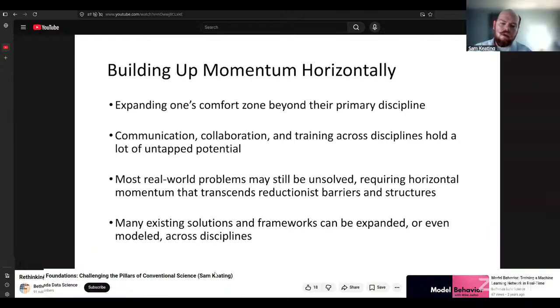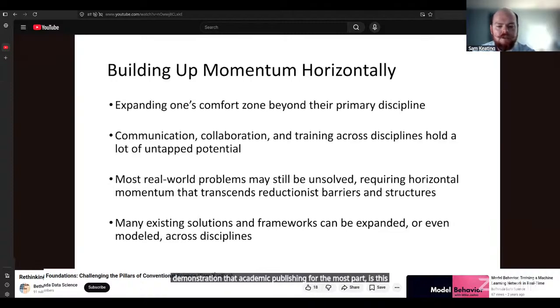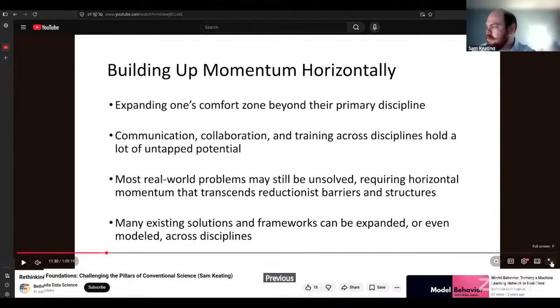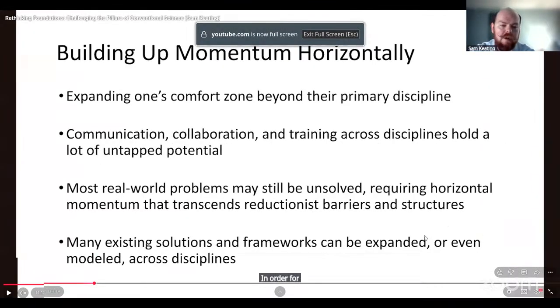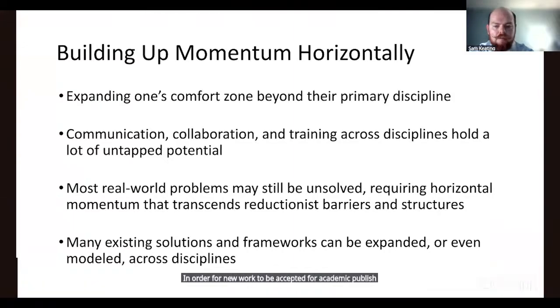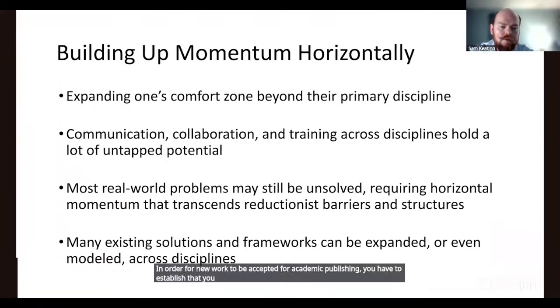So horizontal momentum essentially is this demonstration that academic publishing, for the most part, is an incentivization structure that rewards previous work. In order for new work to be accepted for academic publishing, you have to establish that you have built on top of prior work.